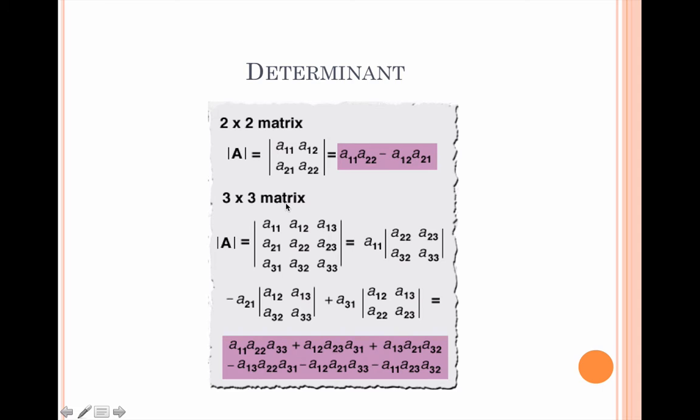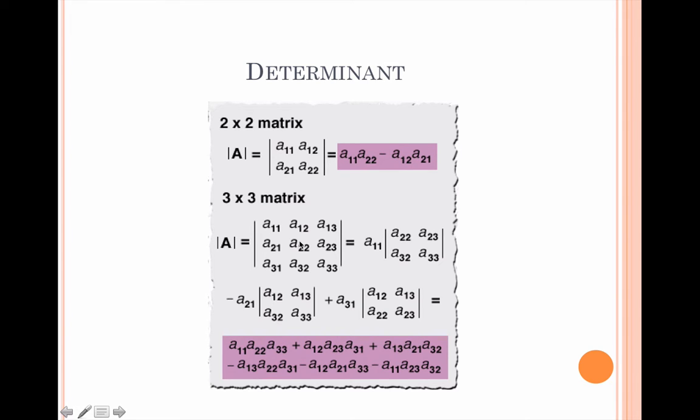For a 3 by 3 matrix, what we can do is expand the determinant along a given row or a given column of the original matrix. So here we expand this determinant along row number 1. It will give us A11, and then we remove from the original determinant both the row and the column that contains A11.